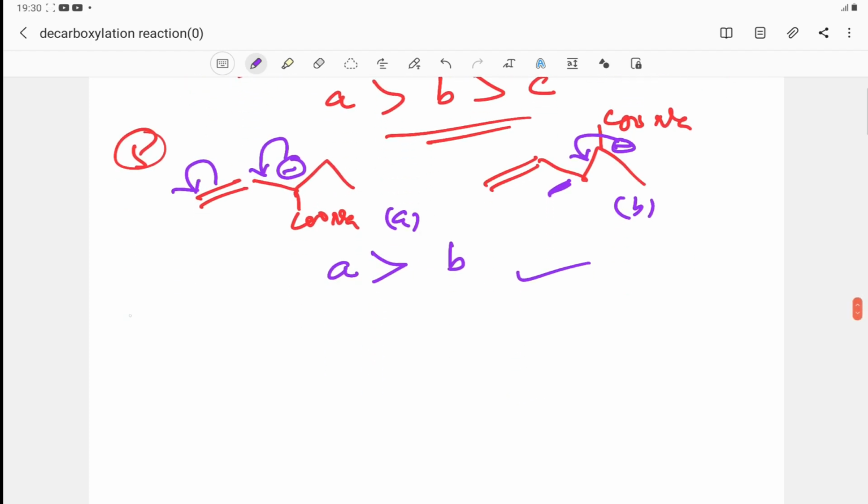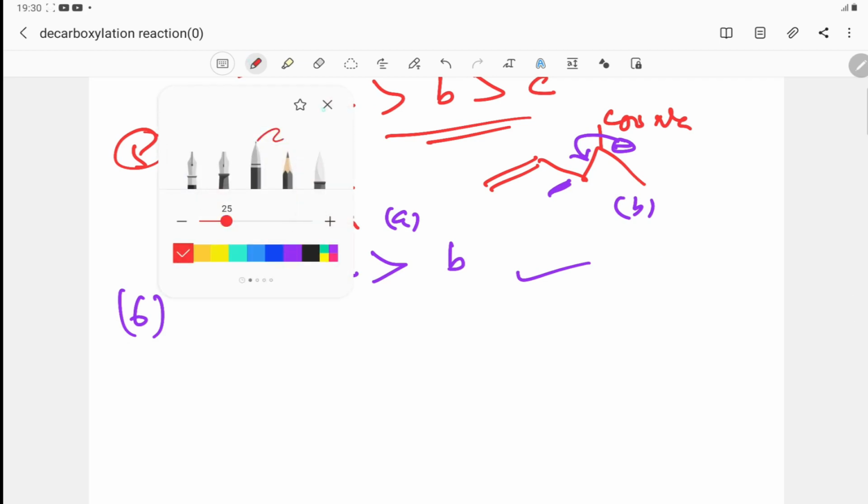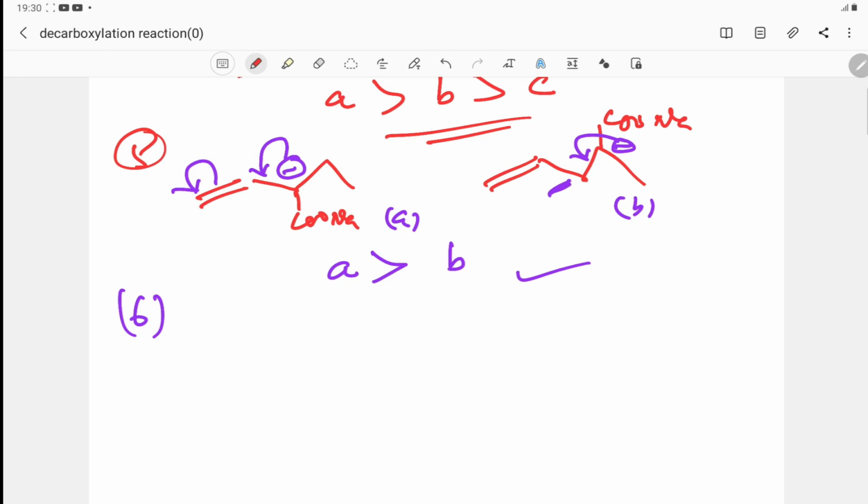Okay, then the sixth question. If you take a similar example, let us take this acid, then the second acid is like this, and the third acid is like this.